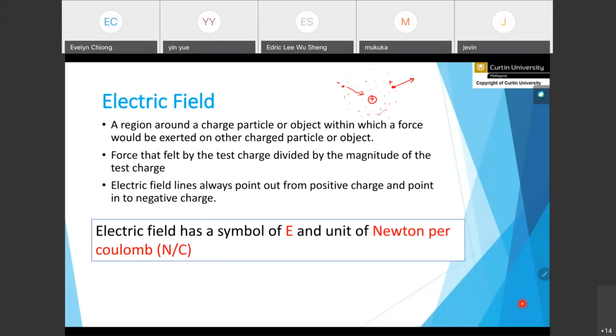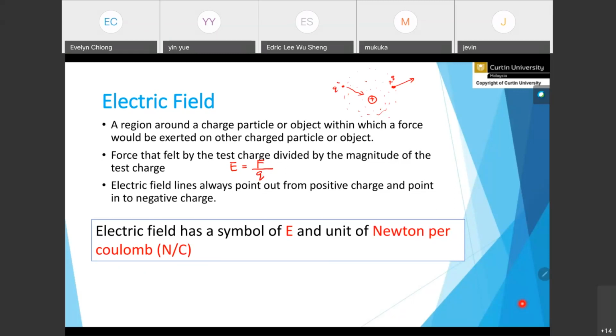So just now the force felt is like this. Electric field is actually the force felt by the test charge divided by the magnitude of the test charge. This one is Q, this one small q here, another small q here, one is positive, one is negative.